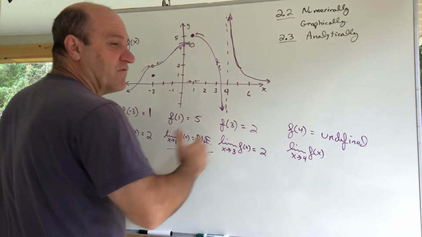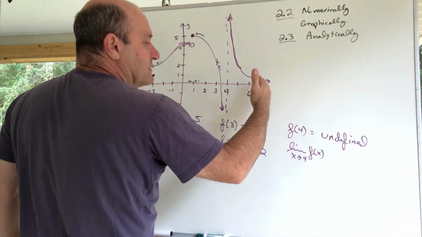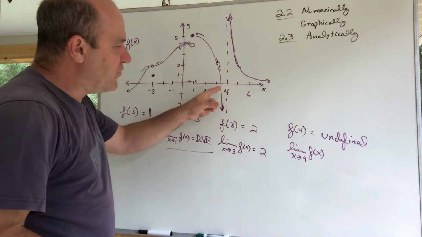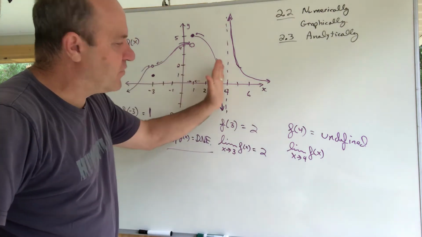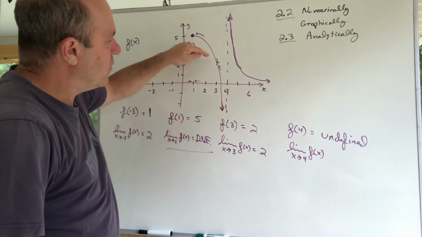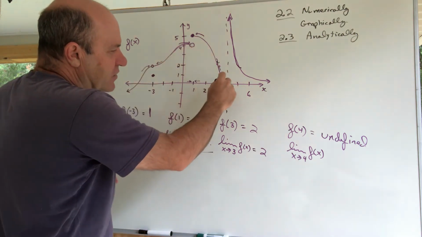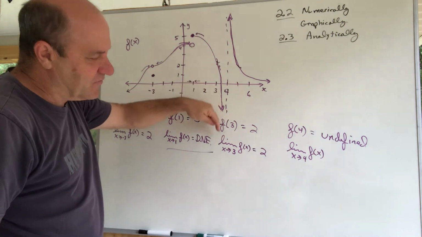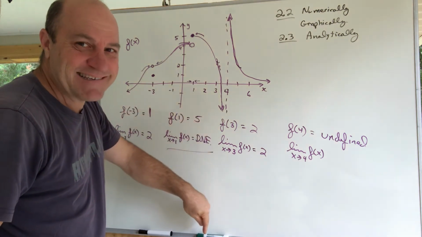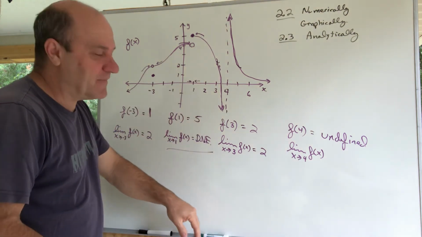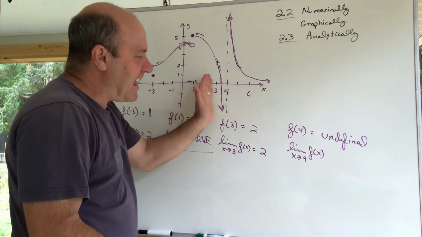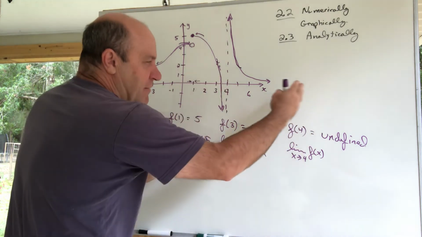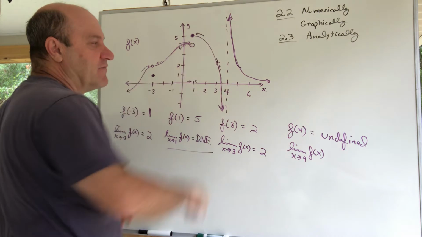Now that's approaching 4 from the right. As we approach 4 from the left, we're on this function and we're getting closer to 4. I think we're headed down toward the bad place, negative infinity. So coming from the left, we're headed to negative infinity. Coming from the right, we're headed toward positive infinity.